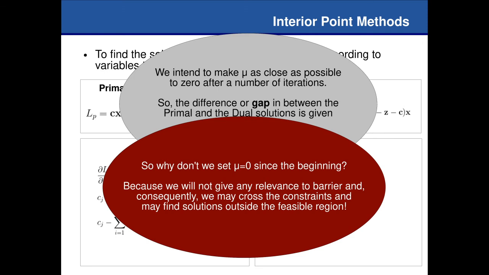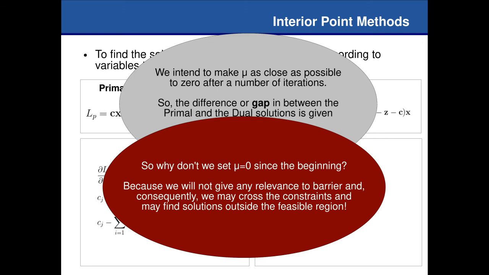But of course, after some iterations, I need somehow to make mu decrease. If I don't decrease it, I will give such importance to the barrier term that I will never get close to the constraints if necessary. Again, if necessary.